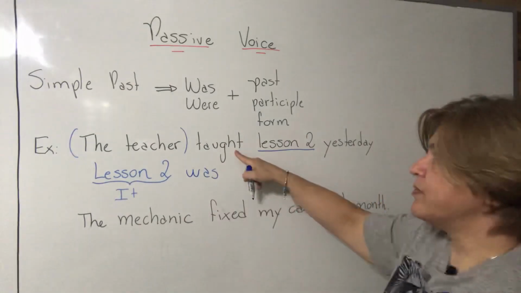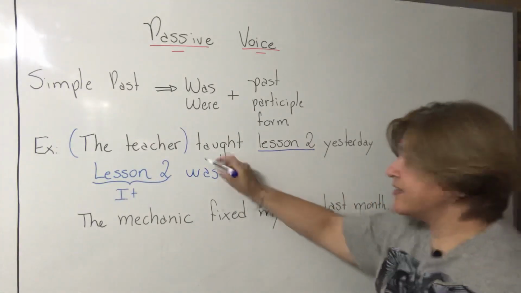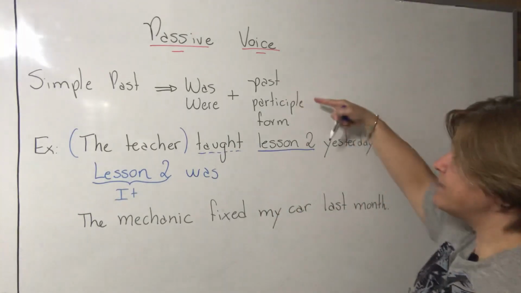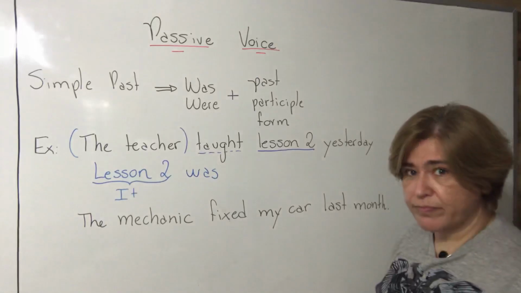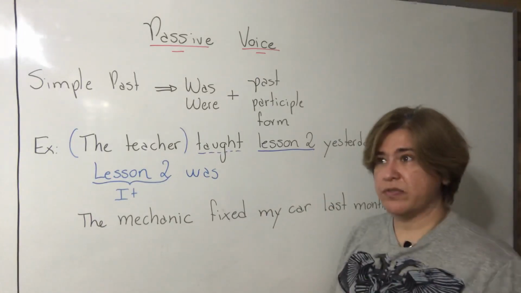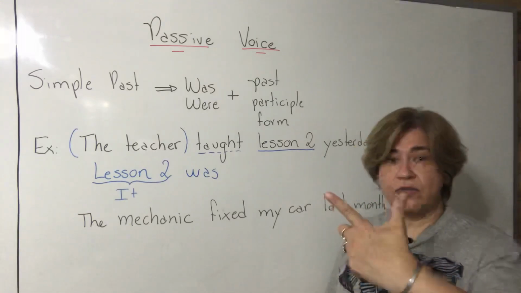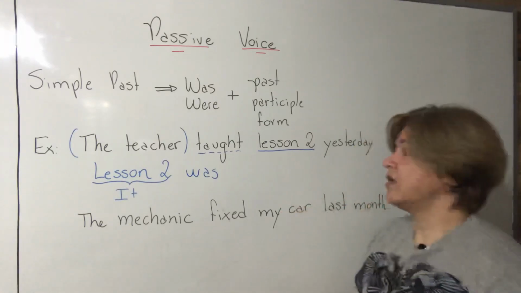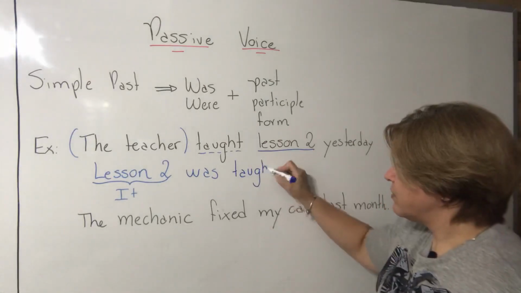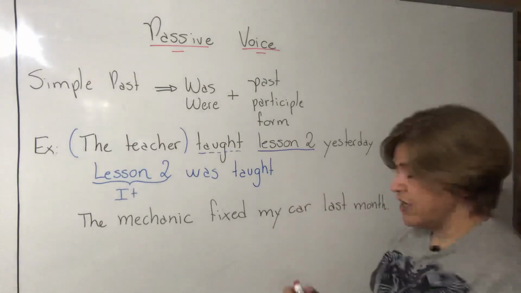And I need to put the main verb of the sentence, in this case taught, in past participle form. Okay, let's remember the list of verbs. To teach, taught, taught. So I'm going to use taught.